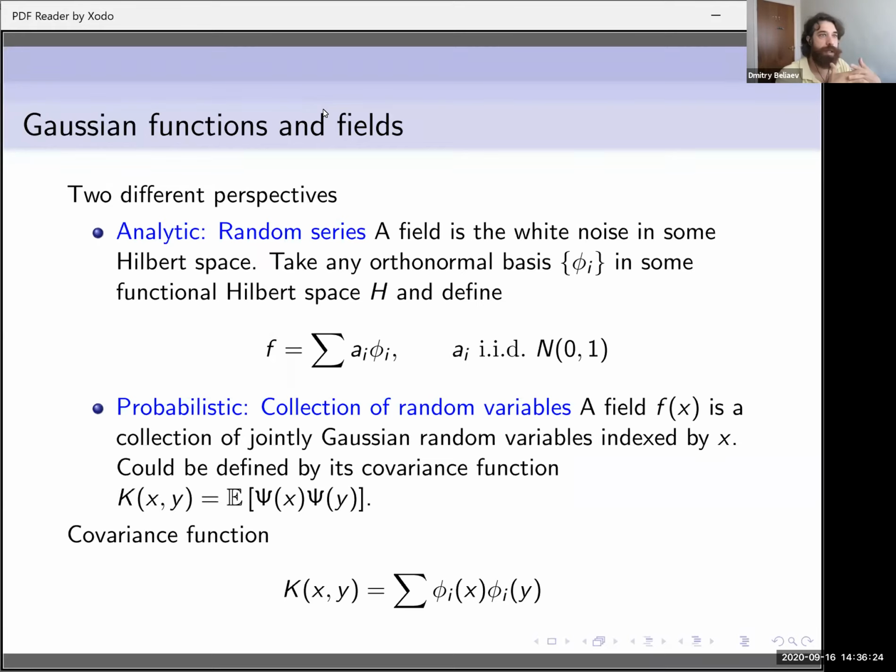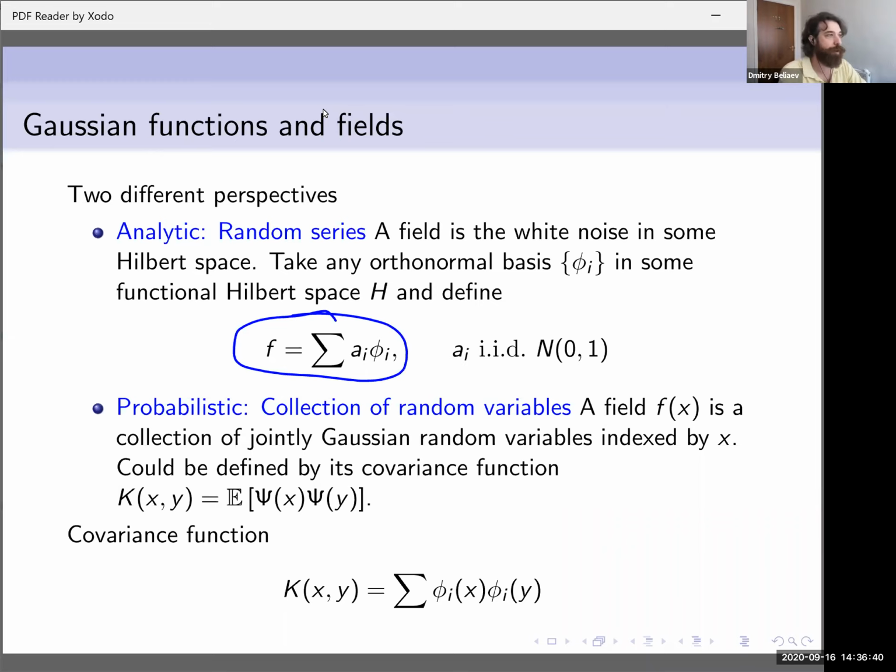Or alternatively, you start with a Hilbert space and you take an orthonormal basis. And then you look at random linear combinations. You sum your functions with independent Gaussian coefficients. Then clearly at every point you will get something which is Gaussian.